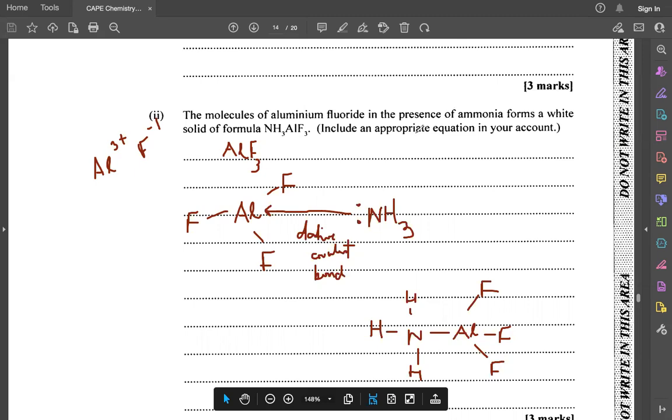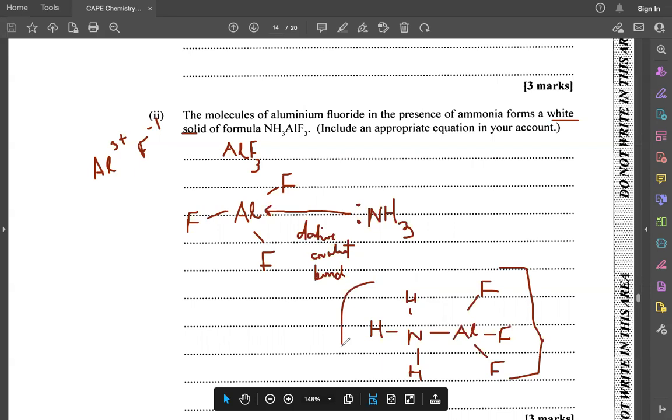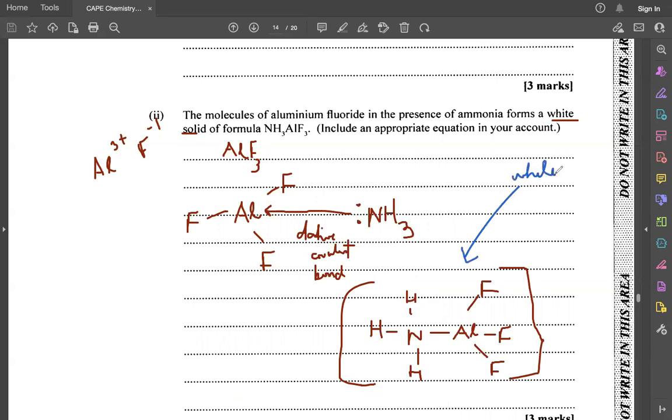And so what we see then is that there's a white solid, and this compound here is our white solid. So that's how that would be formed.